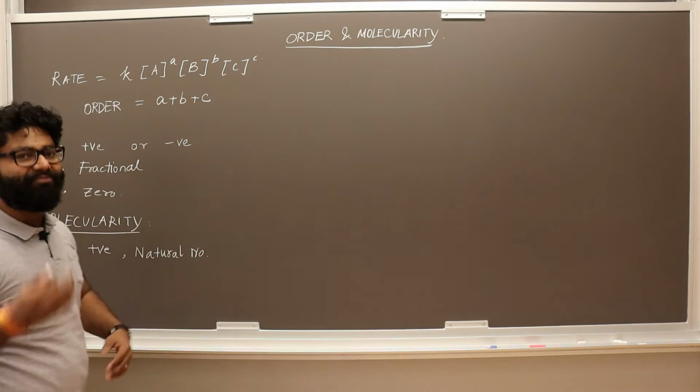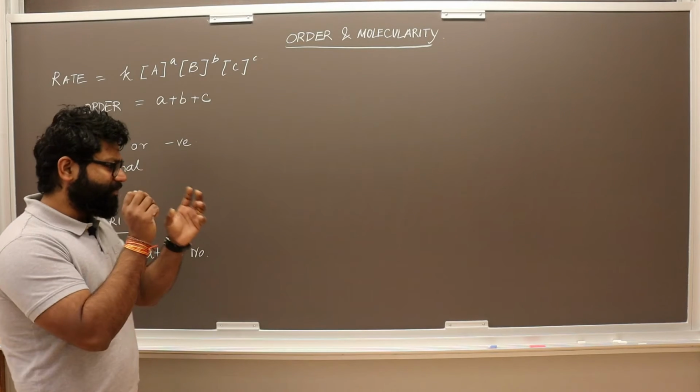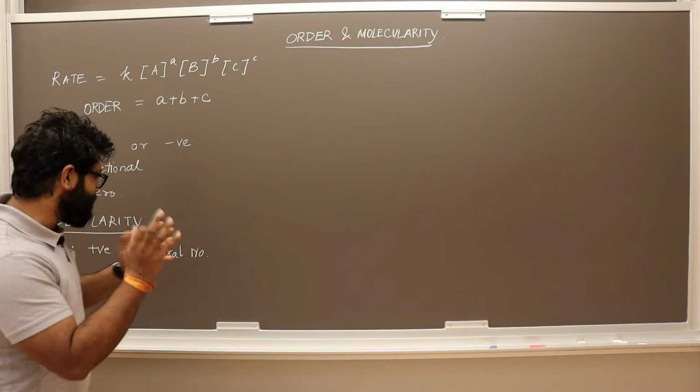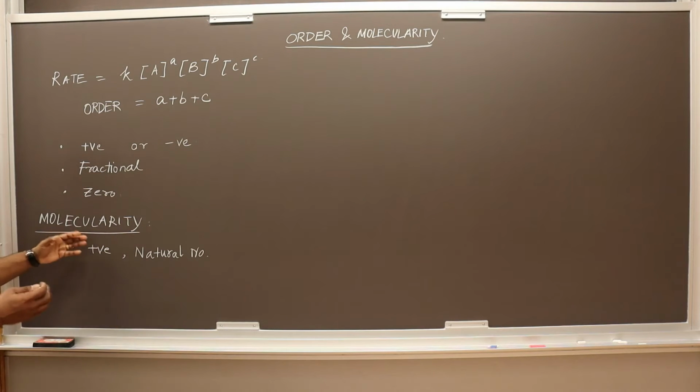Why? Because you cannot have half molecules reacting. So you have to have some kind of whole number going on in here for molecularity. You cannot have negative or zero or fractional. So you get the point of the difference between order and molecularity.